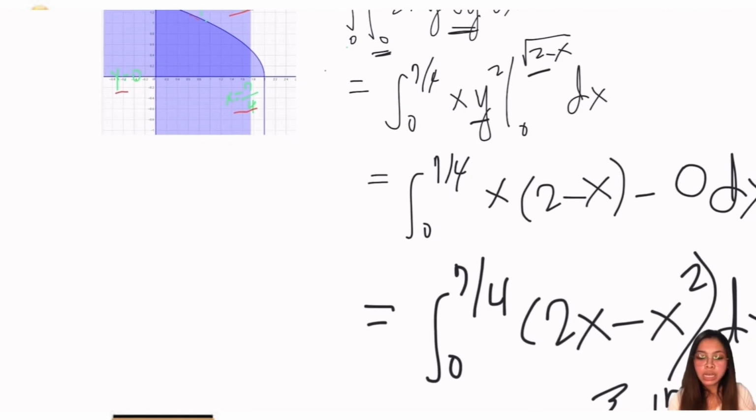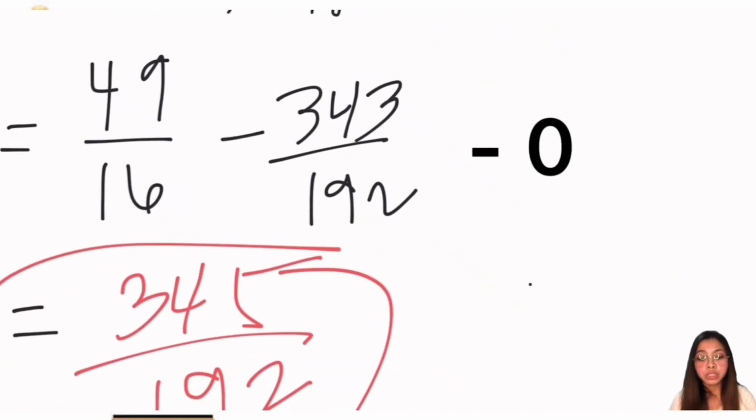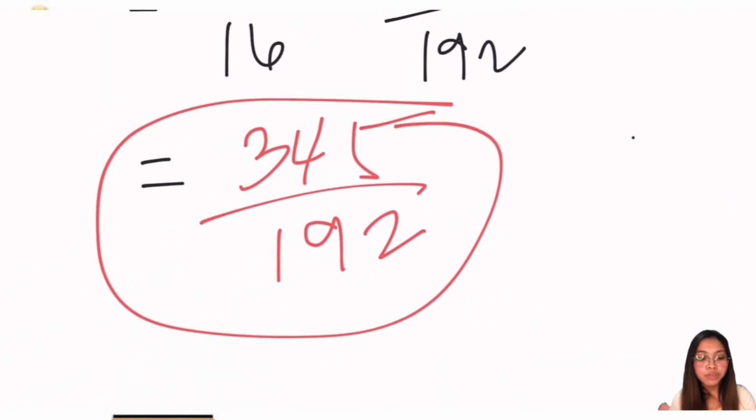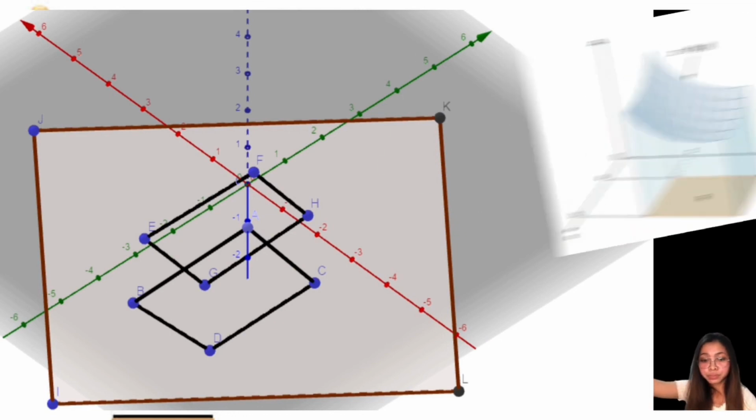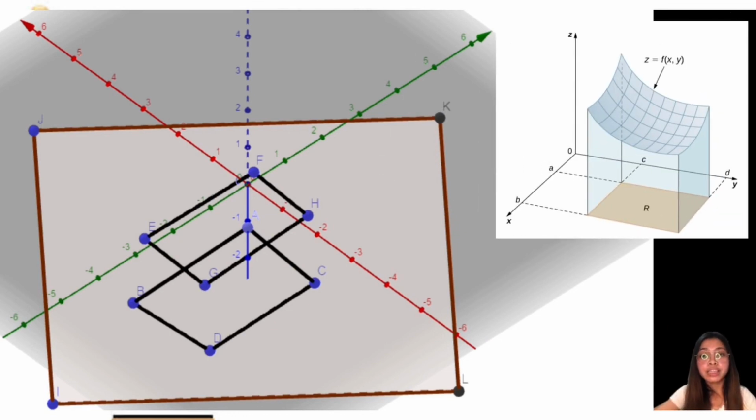Another tip is we need to get our regions correct, because if you get it right and you set it up right, things will go smoothly. Double integrals are the volume under a surface over a defined region, but how you set it up doesn't matter.